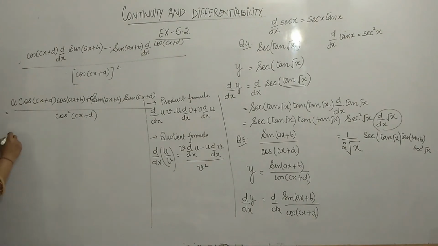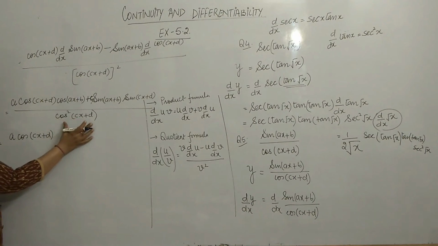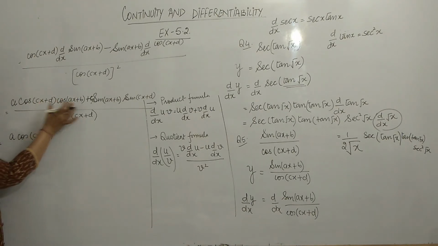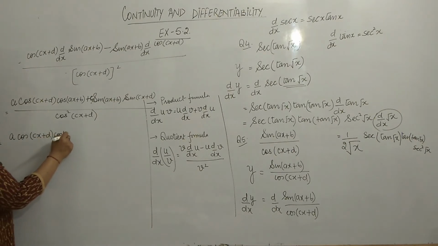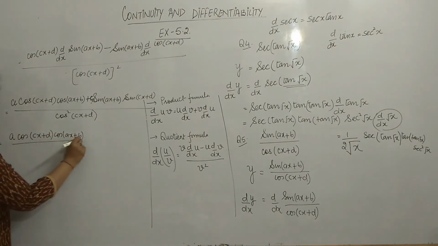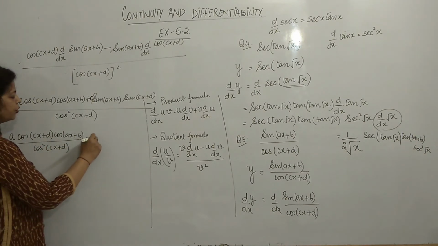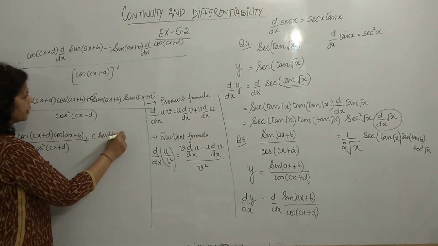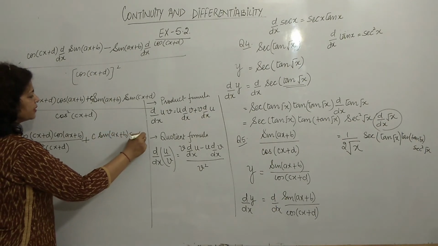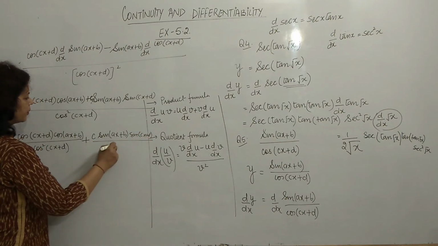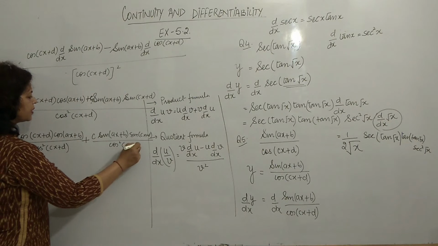We can simplify it also. Actually I want to distribute cos square between the two functions, right? So cos cx plus d and cos cx plus d will cancel out. Cos square cx plus d, I have distributed: sin ax plus b and sin cx plus d divided by cos square cx plus d.